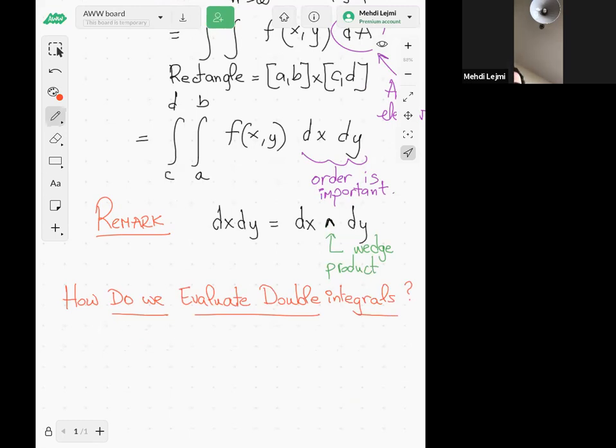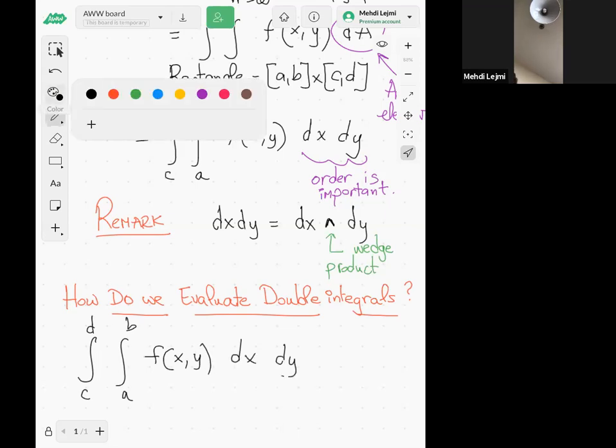As I said, you start with the integral from c to d, then a to b of f of x y dx dy.